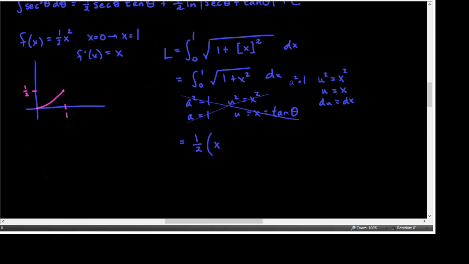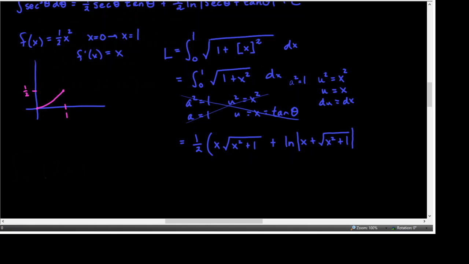I'm just using that as a formulation, times the square root of u squared, so x squared, plus a squared, which is 1 squared, so plus 1, times ln of the absolute value of u, which is x, plus the square root of x squared plus 1.